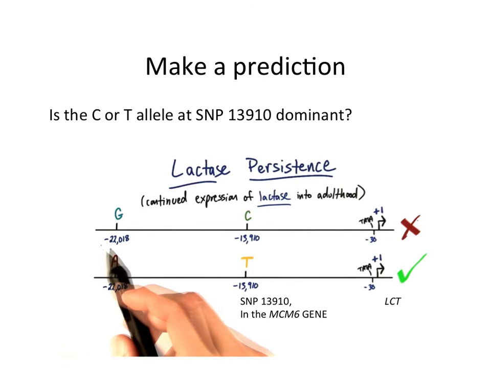But yes, absolutely correct. This is the most common difference between people that produce lactase in adulthood or don't. But there are other mutations that are associated with that. So presumably it's a cumulative effect. If you have this one plus that one plus maybe numerous other mutations that we haven't even identified yet, you're more likely to produce lactase in adulthood.